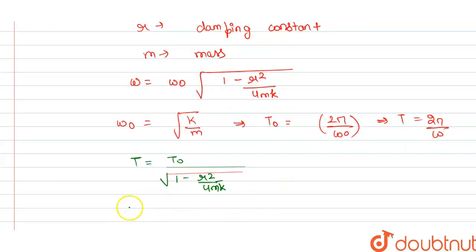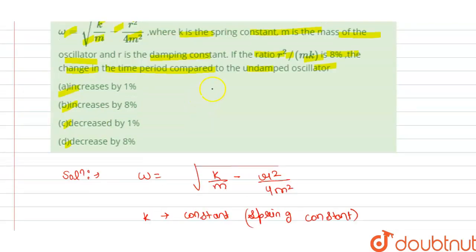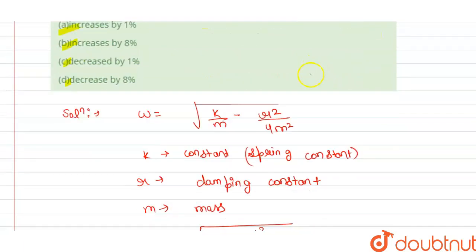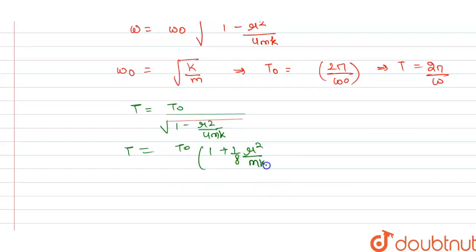So on solving, we get the time period T equals T0 times, as we have written the denominator, 1 plus 1 by 8 r square by m k, since it is given that the ratio r square by mk is 8%.